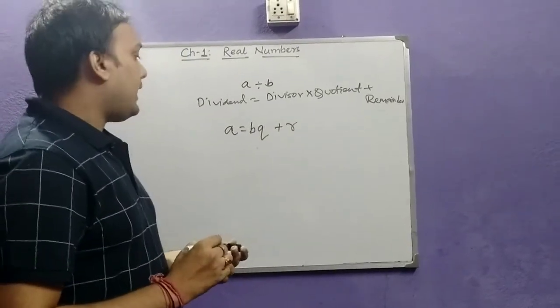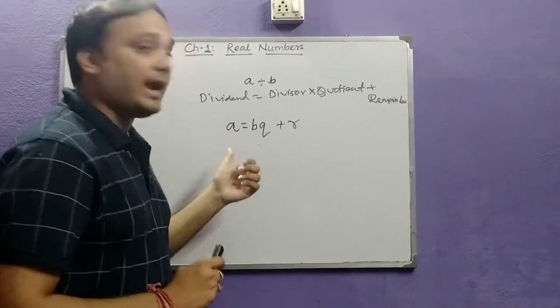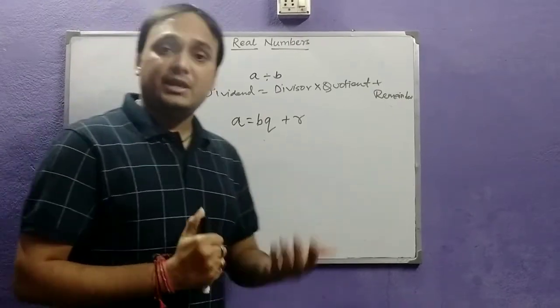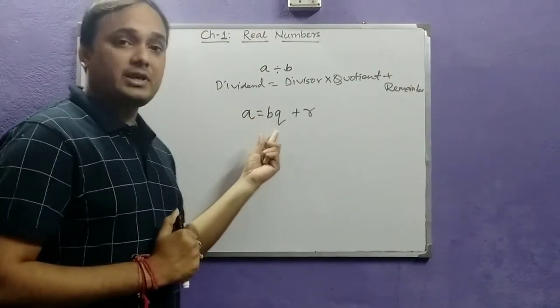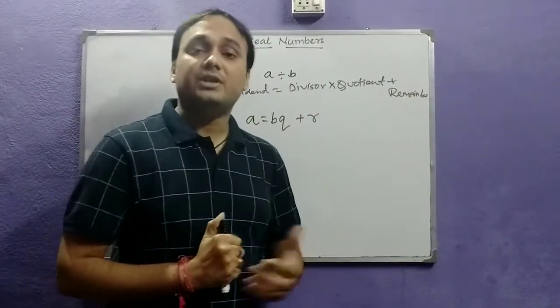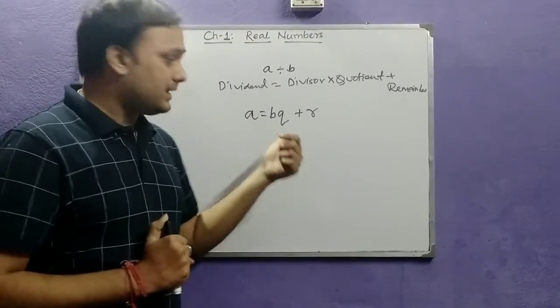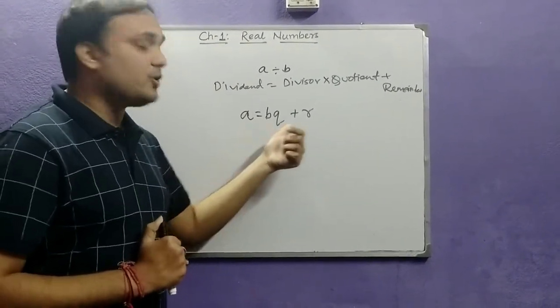So for any two positive integers a and b, there exist another two integers q and r, such that a = bq + r.